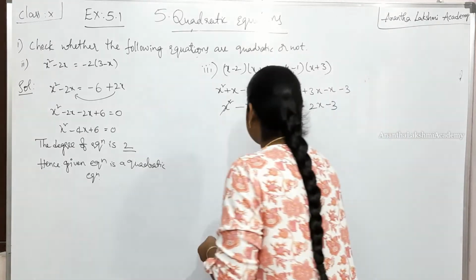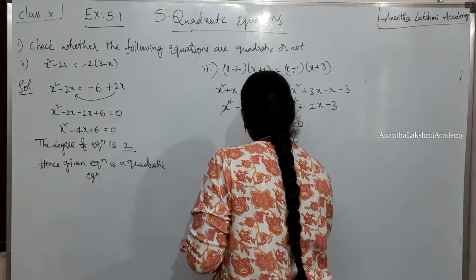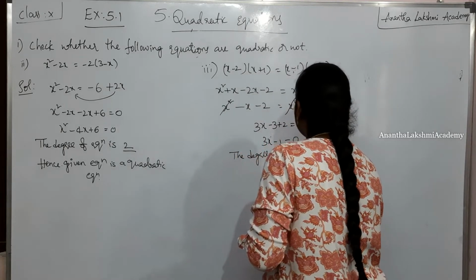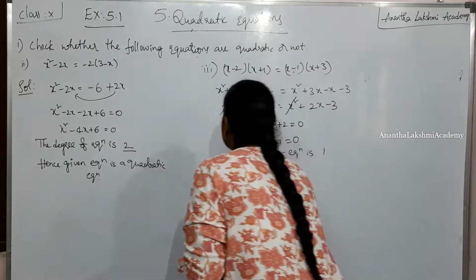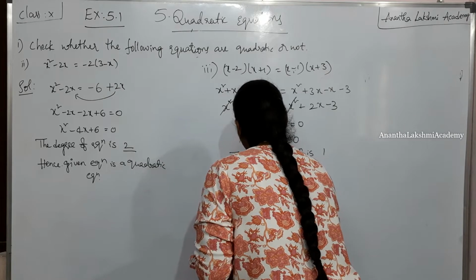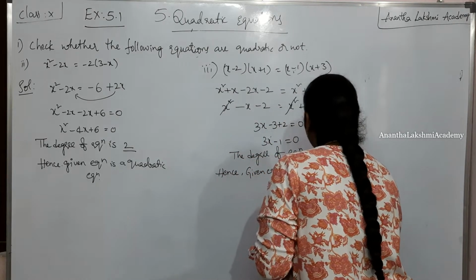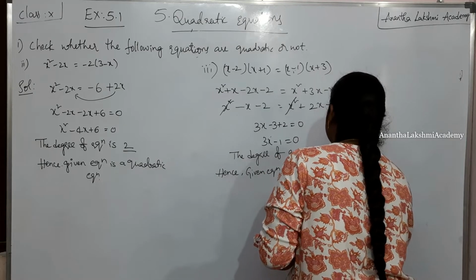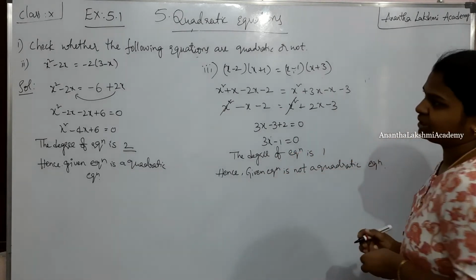So let us write, the degree of the equation is 1. Hence is it quadratic? No. Hence the given equation is not a quadratic equation. Just write it like this. Is not a quadratic equation.